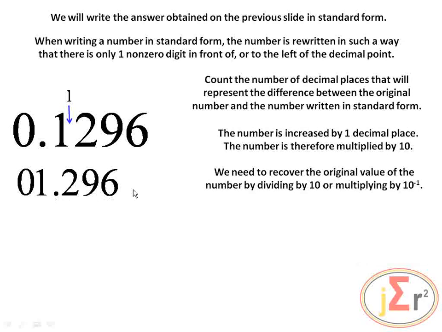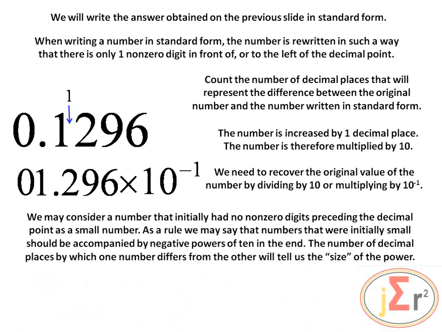We will decrease it again in order that we may have the same value that we have right here. So if we increased by multiplying by 10, we will decrease by dividing by 10 to get back to the original value, and dividing by 10 is the same as multiplying by 10 to the power of negative 1.